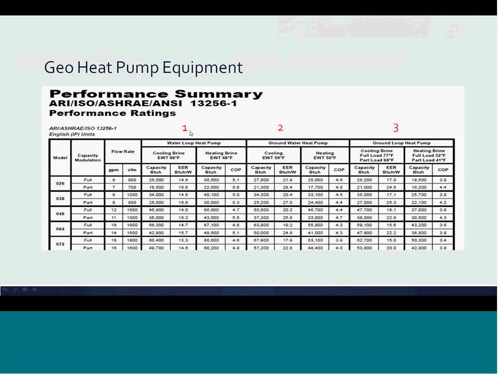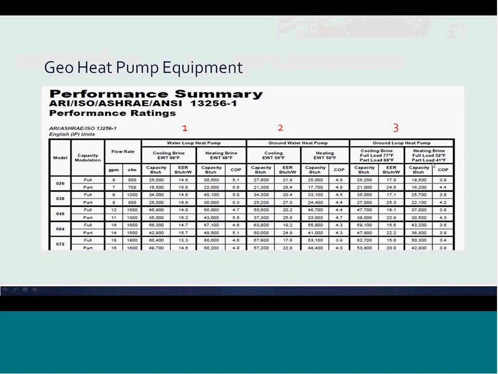The first column here talks to water loop heat pump efficiencies. Ratings are primarily for a water source heat pump system, which is typically tied to a boiler and a tower, more of a conventional water source heat pump. The second column here, groundwater heat pump, is referring to a water well or an open loop type system.